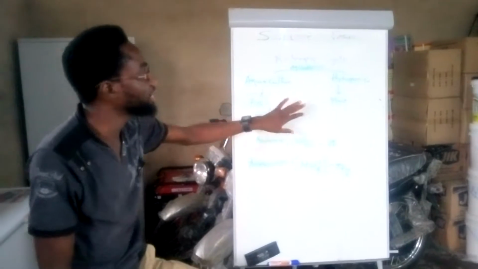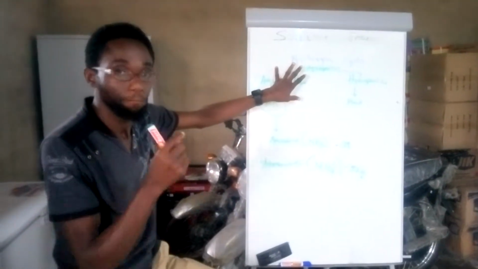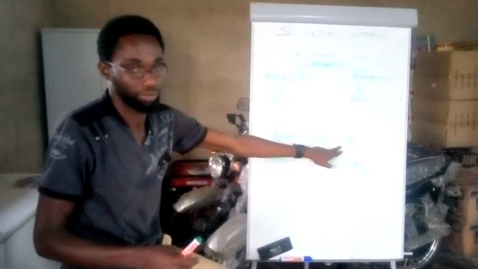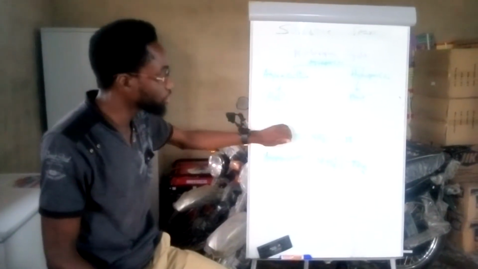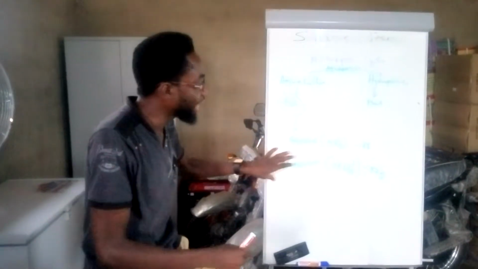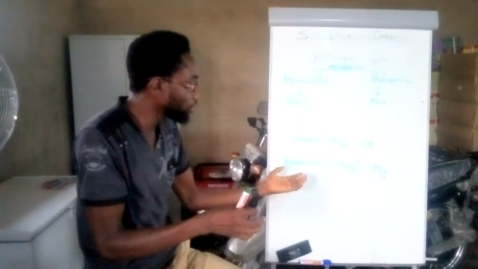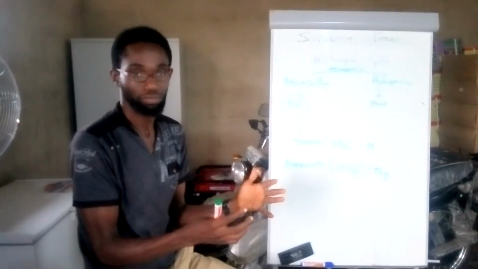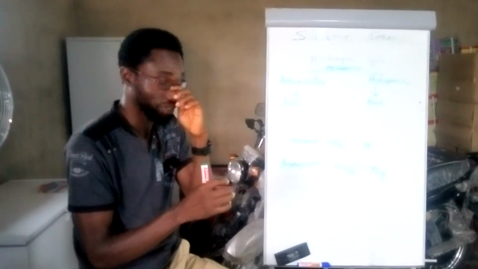Ammonium is still dangerous to the fish, but it is not as poisonous as ammonia. A little concentration of ammonia will kill your fishes. It will take a higher concentration or accumulation of ammonium for the fishes to be destroyed. I hope this makes sense so far.